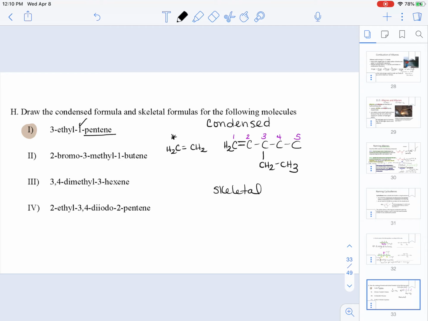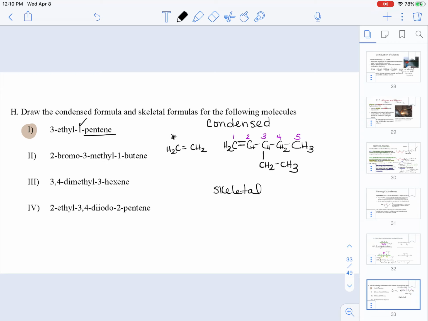Carbon number 2 has 3 bonds, so it only gets 1 hydrogen. Carbon number 3 has 3 bonds, so it gets only 1 hydrogen. Carbon number 4 has 2 bonds, so it will get 2 hydrogens. And the last carbon in the series only has 1 bond, so in order to fill its octet, we need to place 3 hydrogens.